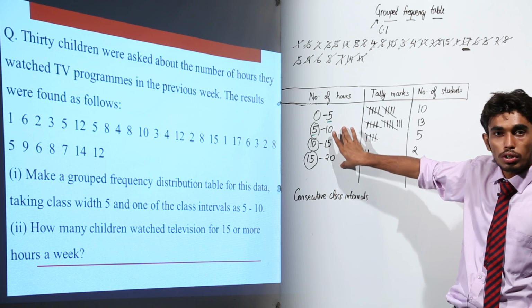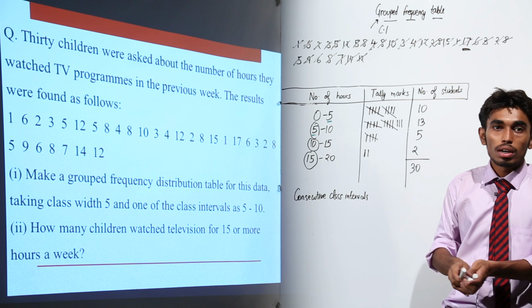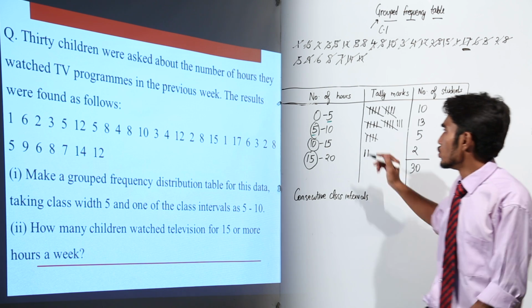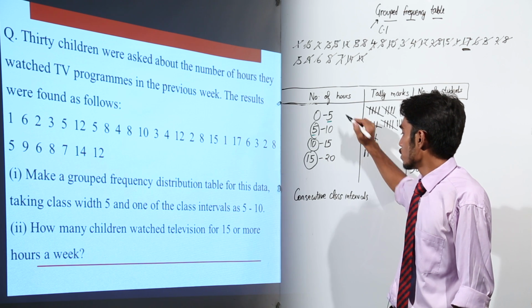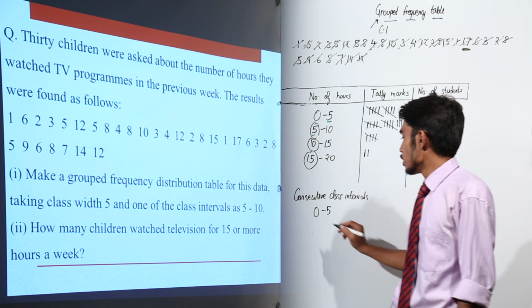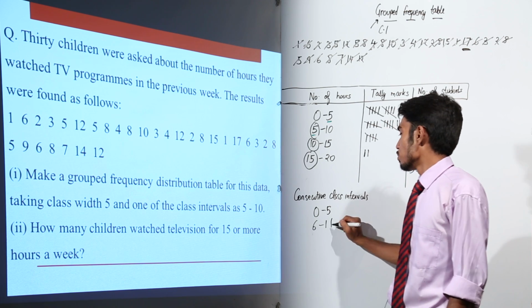So this is nothing but a grouped frequency table, right? Now one more observation you can make from this is you could have formed class intervals like this as well. The class intervals could have been 0 to 5, right? Let me mark them here, 0 to 5, and 6 to 11.